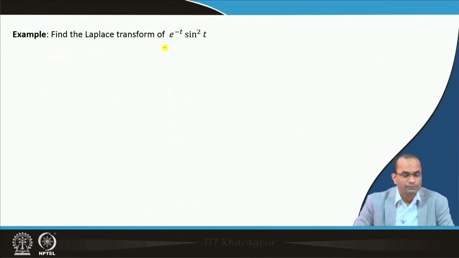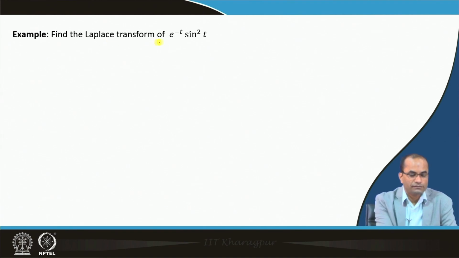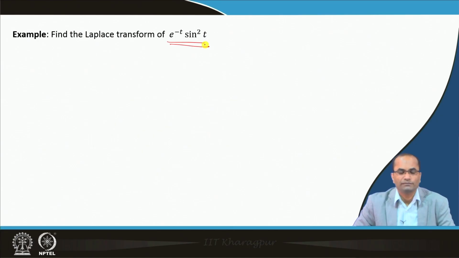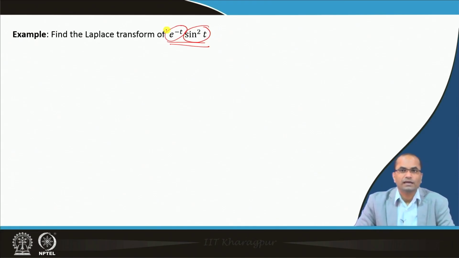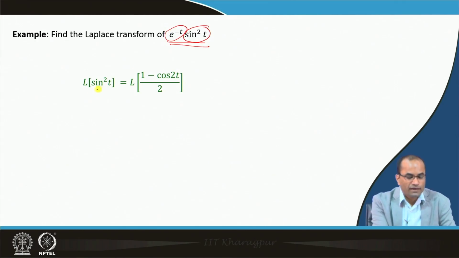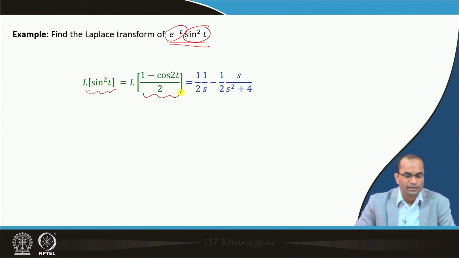So, coming to the example. First we want to find the Laplace transform of e power minus t sin square t, for instance. Here e power minus t is sitting with the function sin square t, so that is exactly where we can apply the shifting property. First we evaluate the Laplace transform of sin square t as 1 minus cos 2 t over 2. That means we have 1 by 2 times the Laplace transform of 1, that is 1 by s.